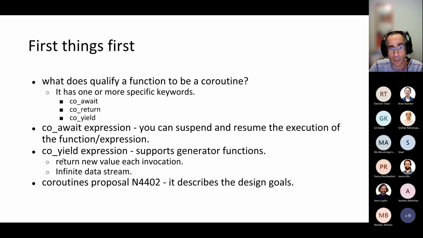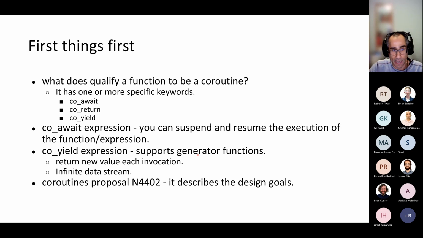As I mentioned, the co_yield expression supports generator functions, and I can have an infinite data stream. I can return a new value on each invocation. Almost every C++20 coroutine example would have some type of generator. It's easy to demonstrate, so I'll show that.